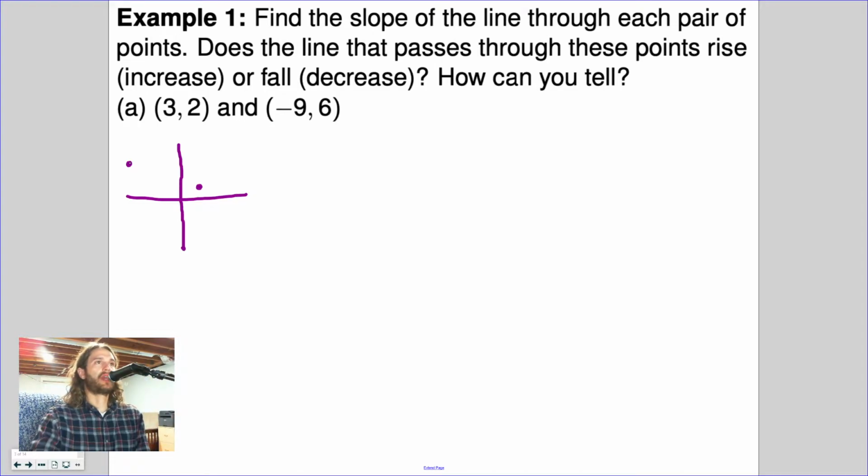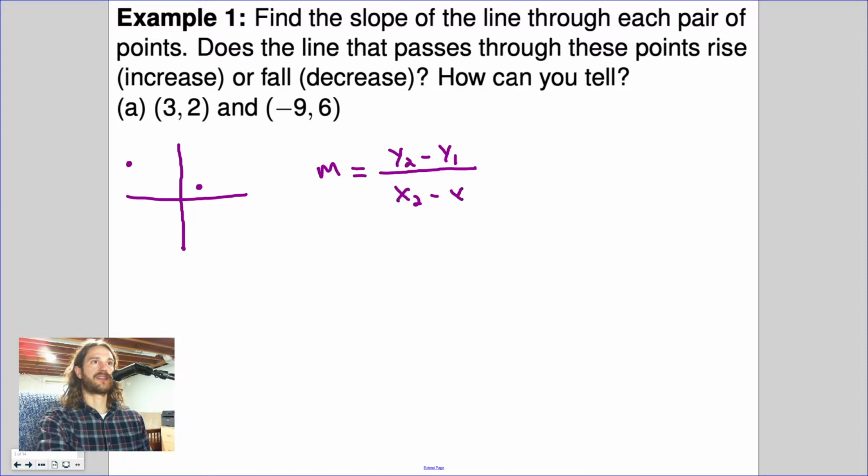Okay, now let's do the calculation for real. The reason I did this quick little graph is so that we could check our answer. We know our answer needs to be negative. So I'm going to start with m equals, y2 minus y1 over x2 minus x1, that same equation.